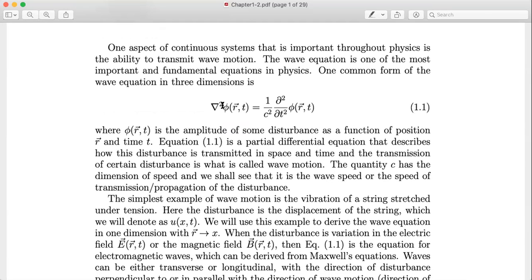This function phi can be rather general. It is usually the amplitude of some disturbance. This disturbance will be in a continuous system, which occupies a certain region of space, so it will be a function of position, usually 3-dimensional.